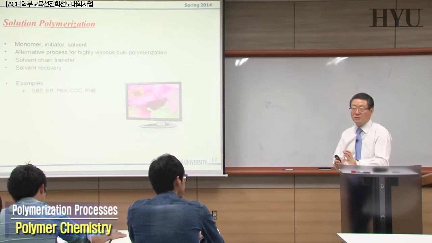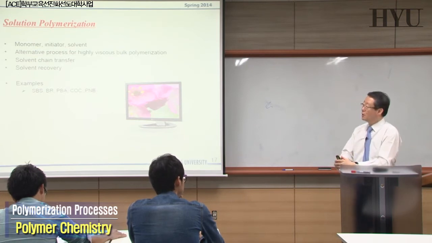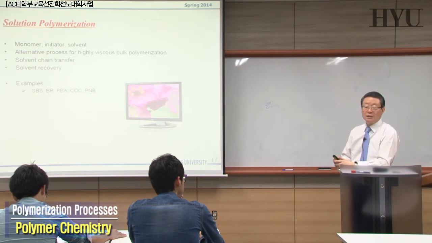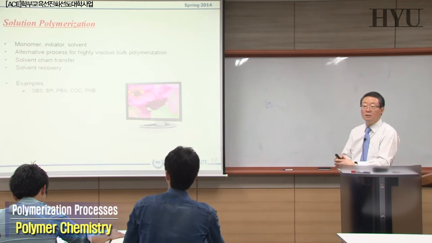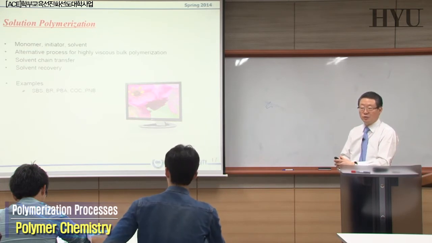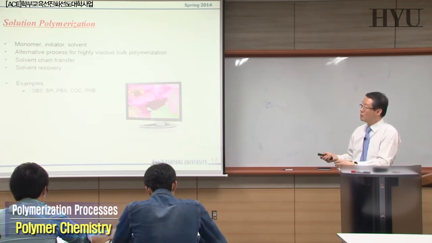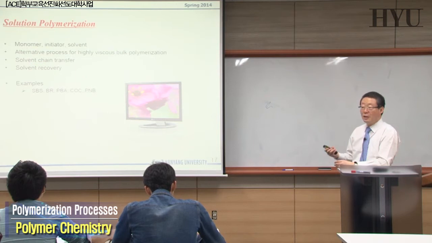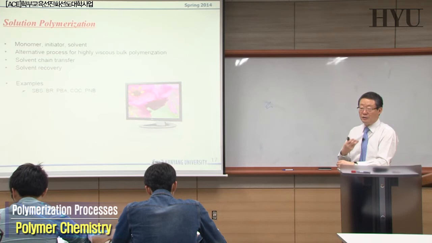Okay? Benzene might be a very carcinogenic solvent. So the recovery of the solvent is really a big issue in the industry. Okay? So you have to be very careful about the recovery and the environmental issue and the safety issue and health issue in these cases.